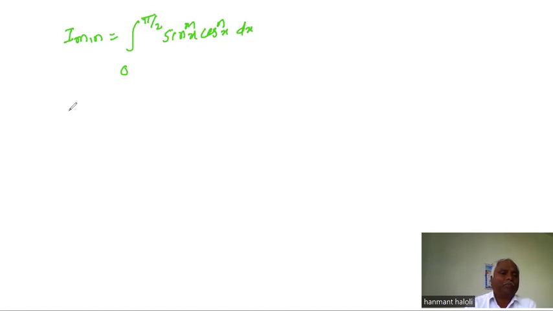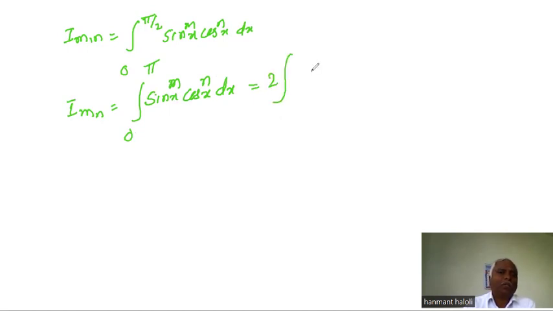For other limits, that is 0 to pi, you have to observe carefully. The integral from 0 to pi of sin^m x cos^n x dx can be split into 2 times the integral from 0 to pi by 2 of sin^m x cos^n x dx, only when n is an even number.